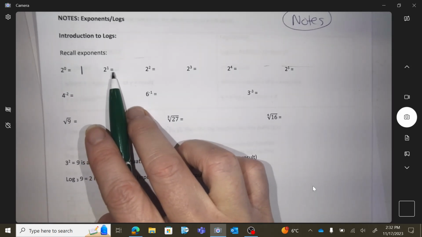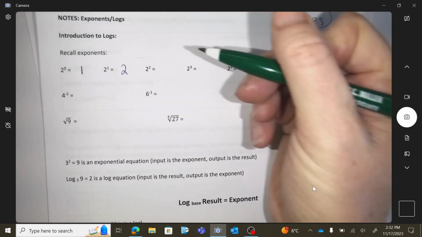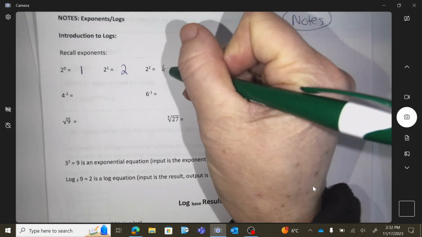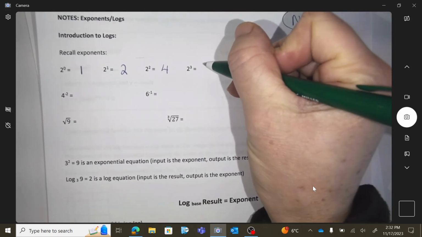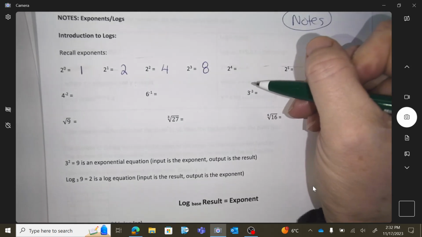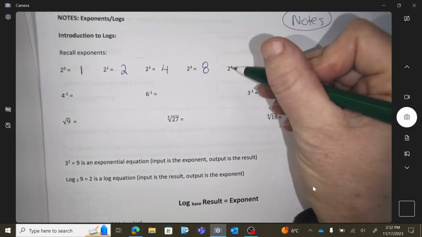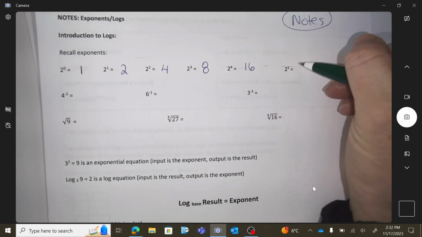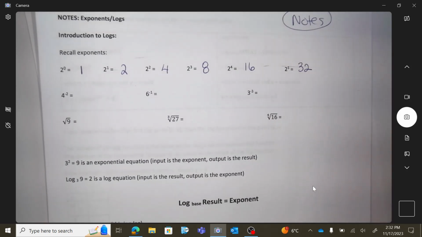Anything to a 1 is itself. 2 squared is 4. 2 cubed is 8. Keep multiplying by 2. Another 2 in there is 16. 32. Okay?